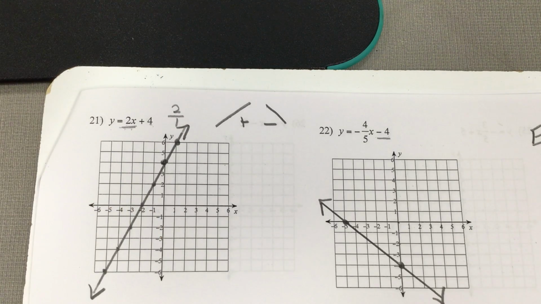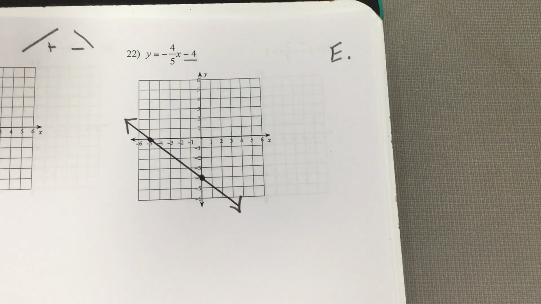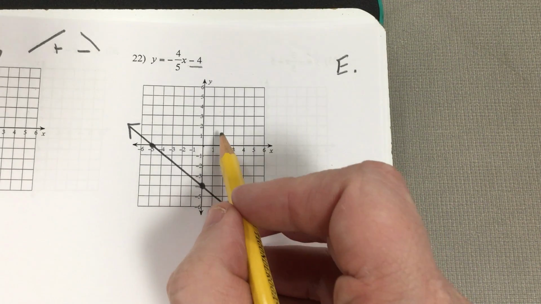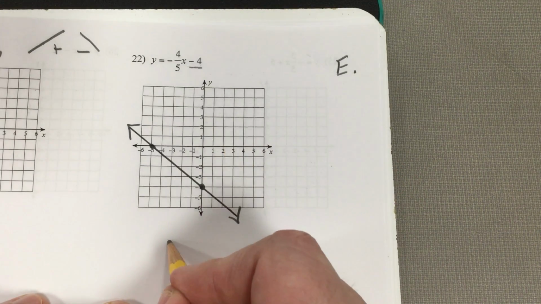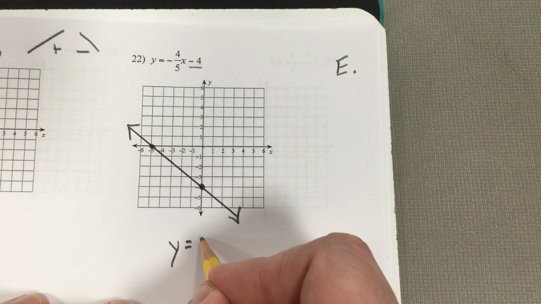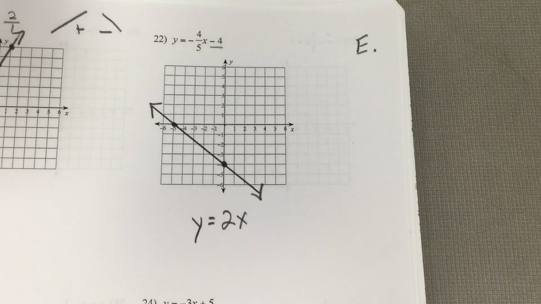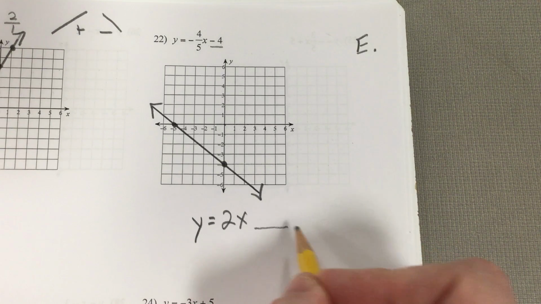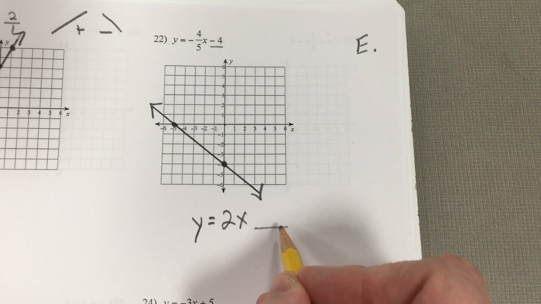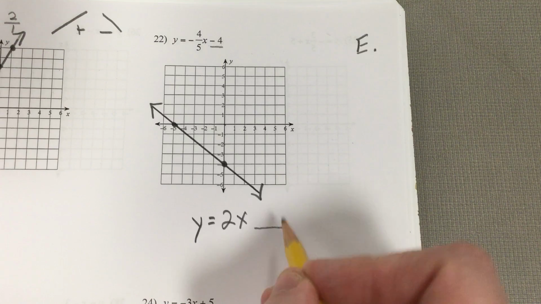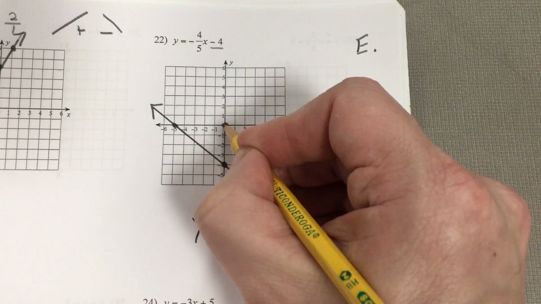Now, keep in mind, I'm going to do another one on this. What would happen if I had something like y equals 2x, and I said you have to graph it? You might be saying, well, where is the y-intercept? Remember, if there is no y-intercept, you would draw your dot right here at the 0.